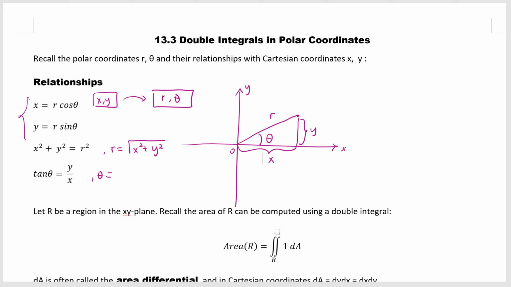So what is theta? Well, it really depends on the point. If the point is in the first quadrant, then theta is just arctangent of y over x. But if the point is in the second or third quadrant, then we have arctangent of y over x plus pi, because the arctangent function only covers minus pi over 2 to pi over 2, okay?